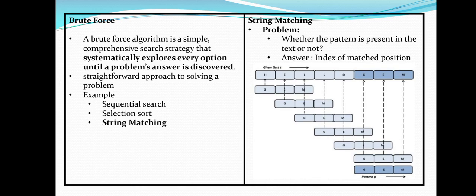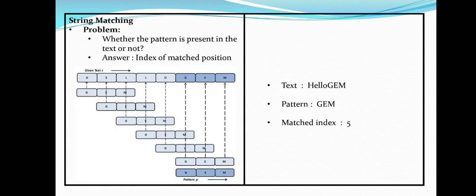The text is hello gem, and the pattern is gem. We have to find whether gem is present in the text or not. Here gem is present at the fifth location, considering that the index starts from 0. So the text is hello gem, the pattern is gem, and the matched index is 5. This is an example.